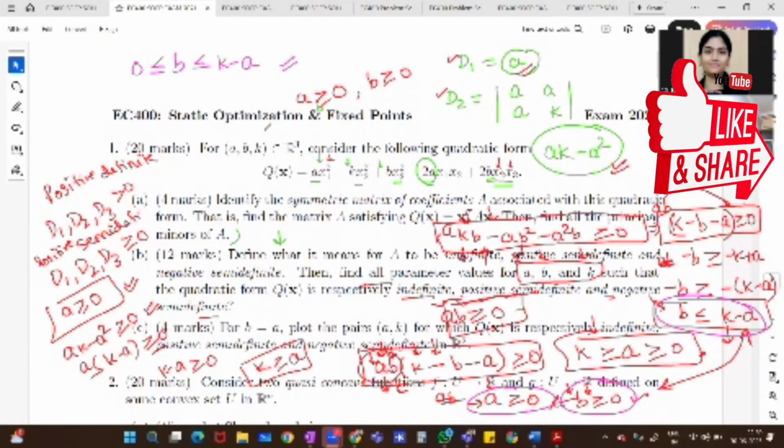So can I add A to all of these? A plus B, K. Is this fine? You can leave the answer up till here also or this way. Why am I telling you this? Because your solution goes this way.